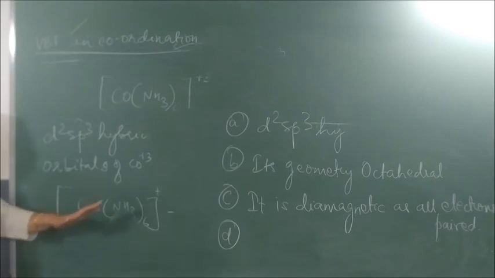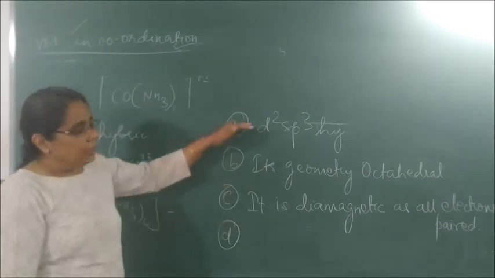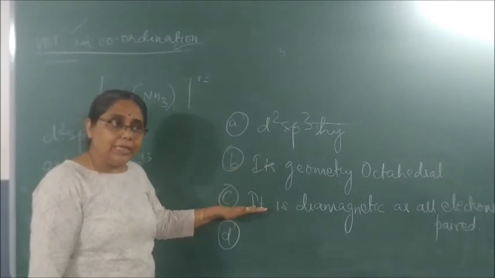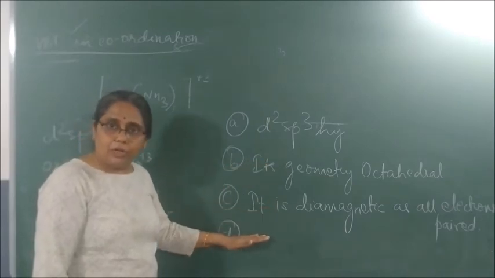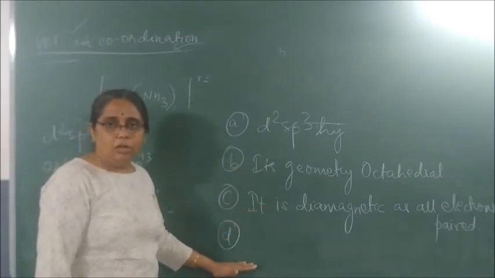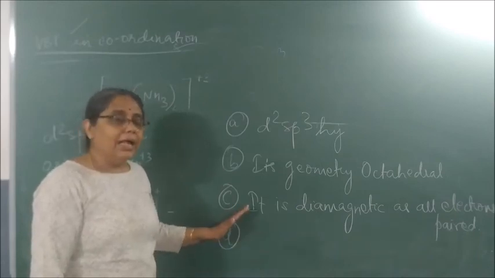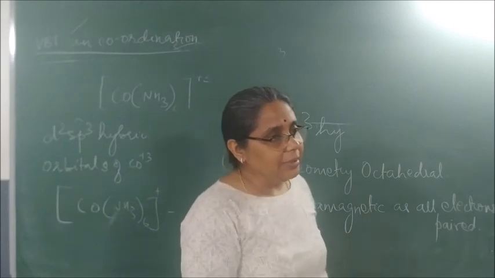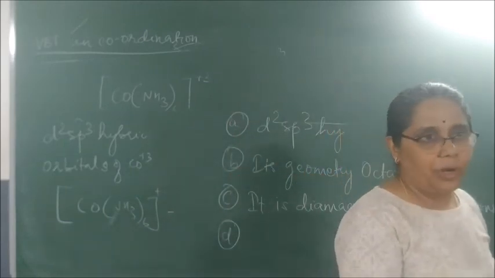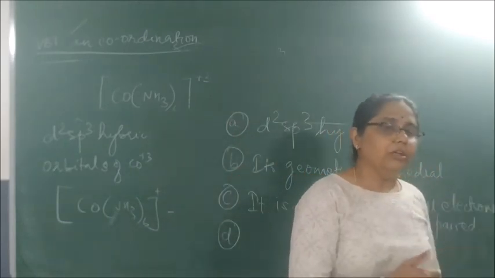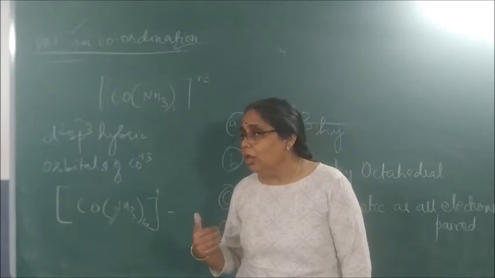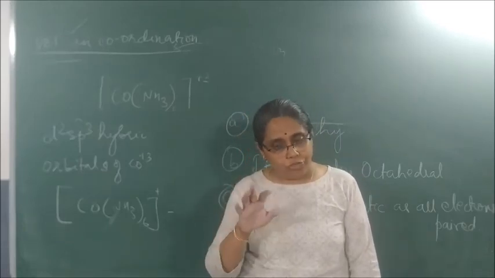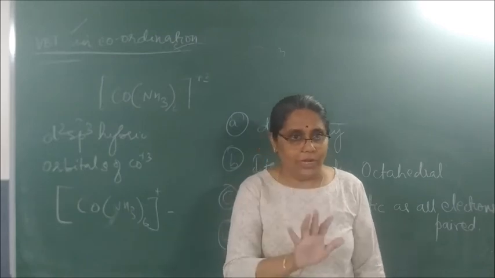You should have 5 things: hybridization, geometry, magnetic behavior, inner orbital complex, and low spin complex. As you do many compounds, you will get an idea. The moment it is diamagnetic, it is mostly an inner orbital complex, and most inner orbital complexes are also low spin complexes.